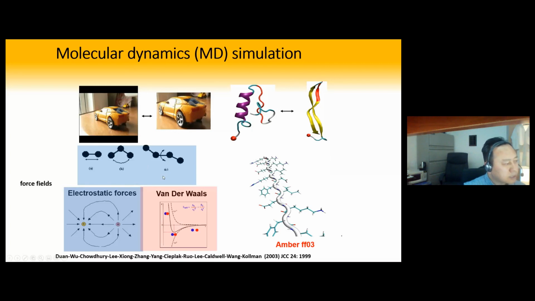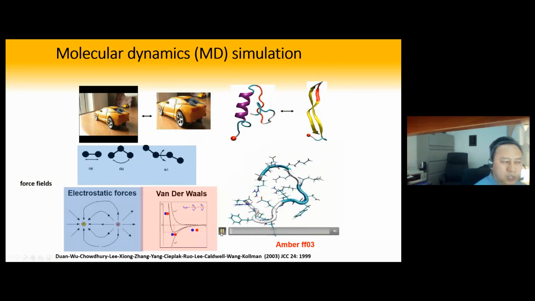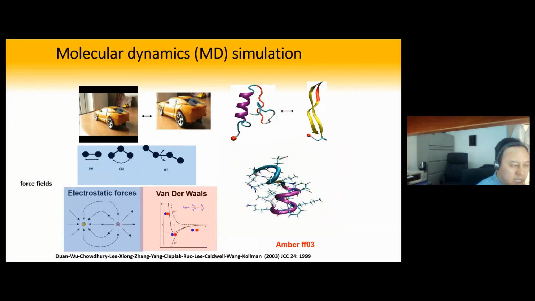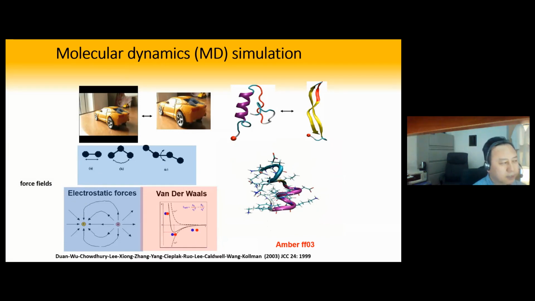We also need some long range interaction, like the electrostatic interaction, like the van der Waals interaction. So if we can come up with a set of parameters to model the interaction between the atoms of the biomolecule, then we can simulate the motion of the biomolecule, like what I show here, literally a folding of a small helical peptide. So this gives us the power for modeling the biomolecule.